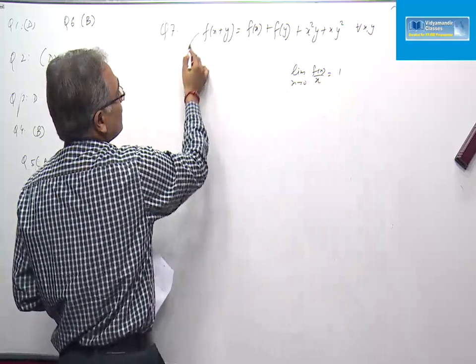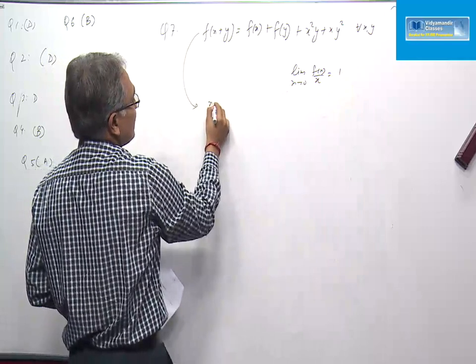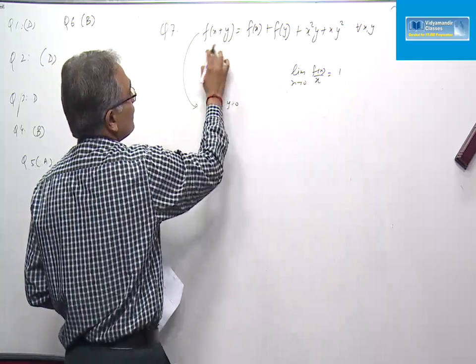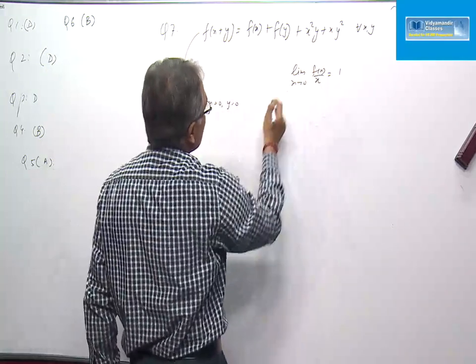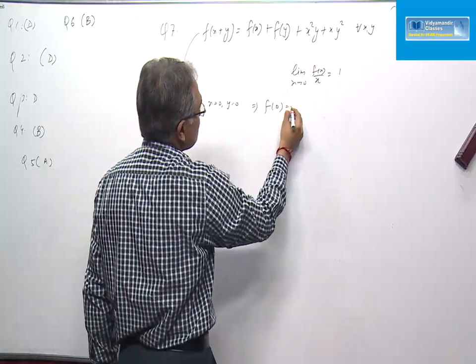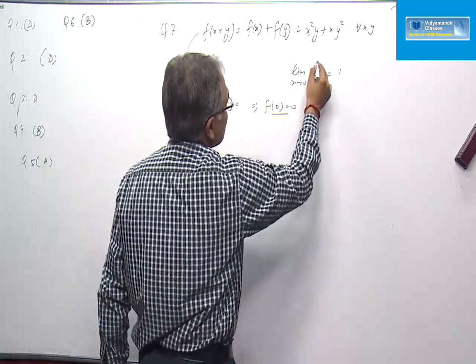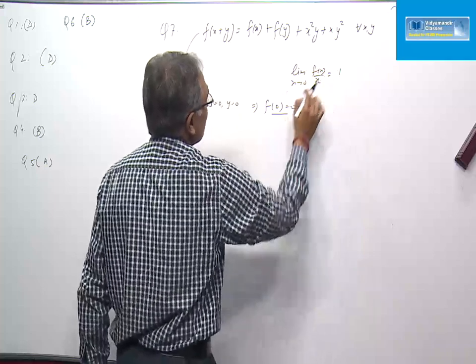Now from this equation, if we let x and y both 0, you are left with f of 0 is equal to twice f of 0, hence that implies the function value at 0 must be 0.